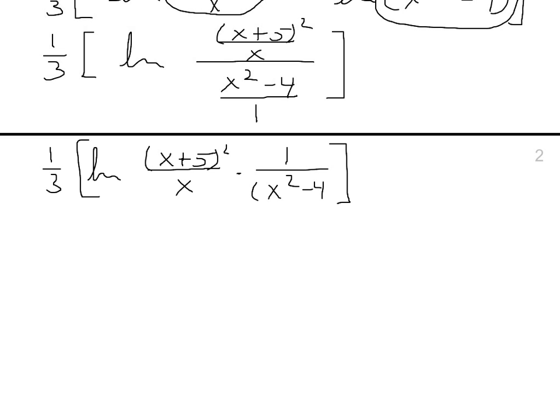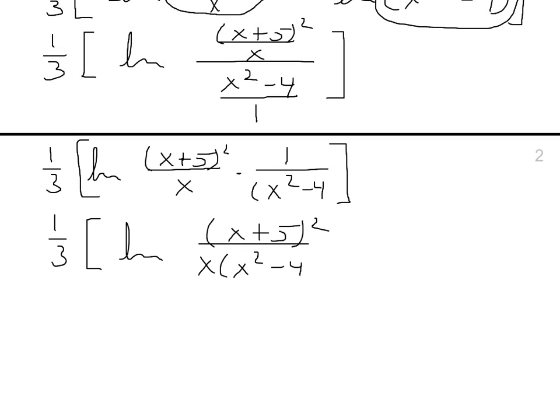Multiply fractions by multiplying numerators together and multiplying denominators together. And now we're going to have 1/3 times the natural log of the square of x plus 5 over x times x squared minus 4.